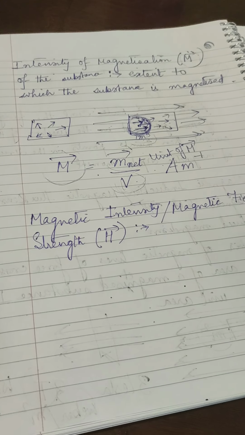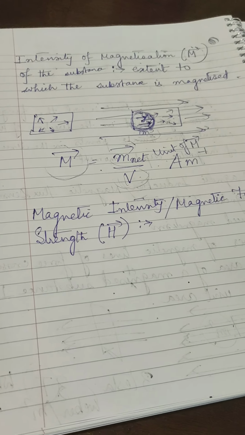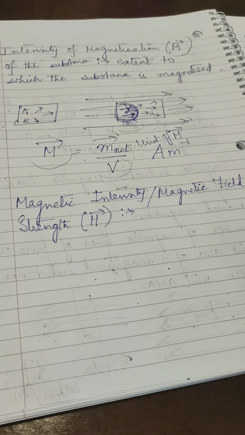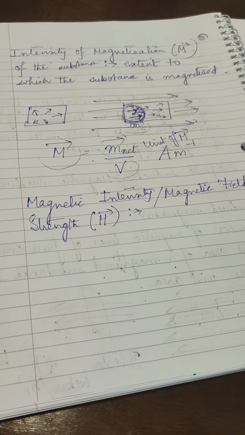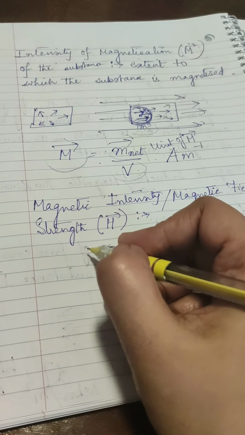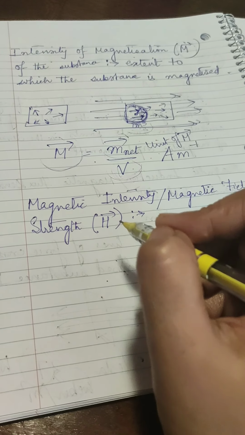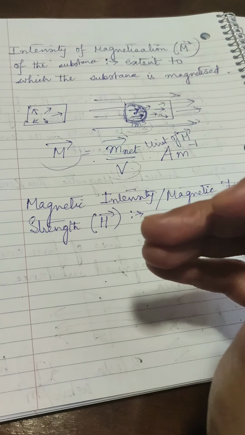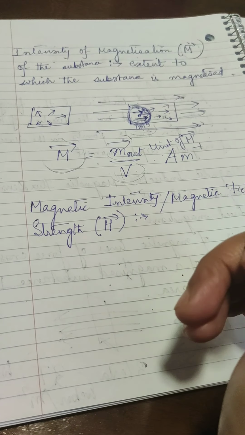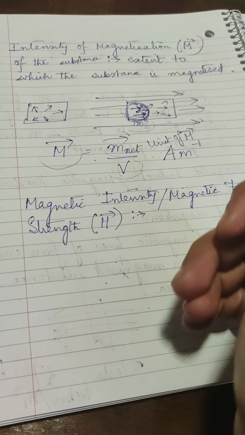When a substance is placed in an external magnetic field, it becomes magnetized. The actual magnetic field inside the substance is the sum of the external field plus the field produced by magnetization of the substance.